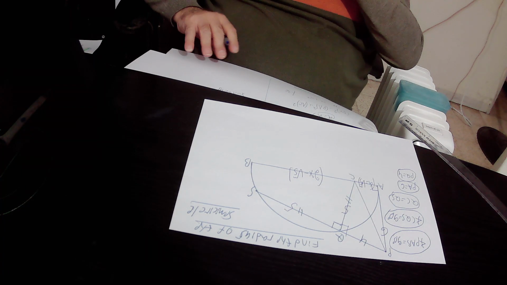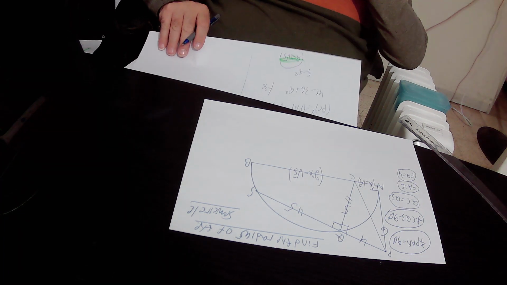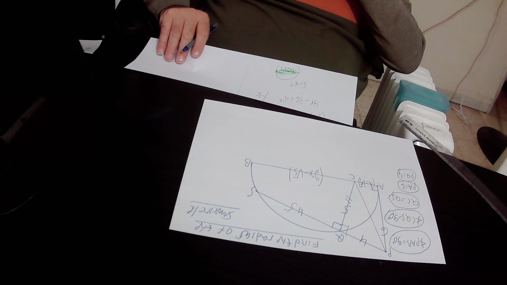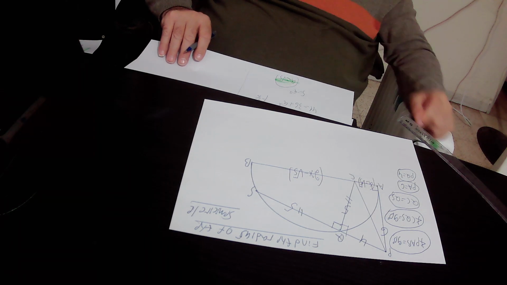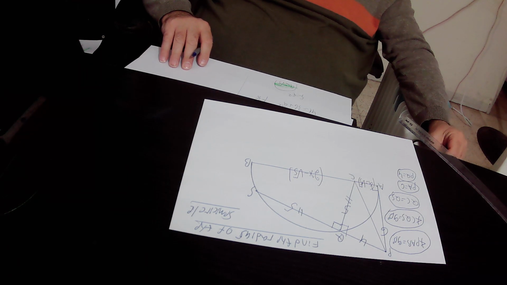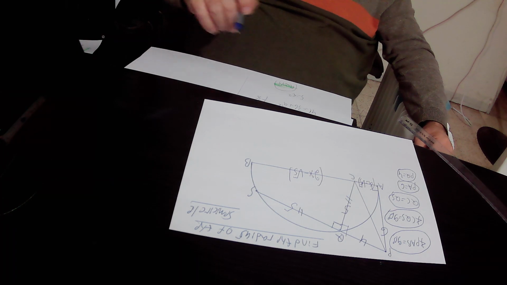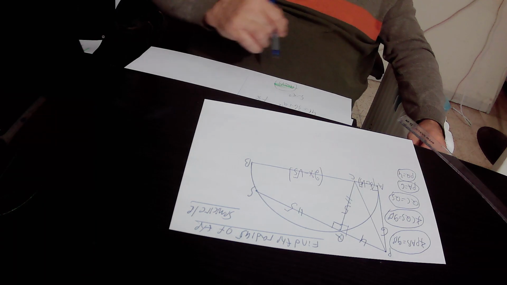In the next step, we will complete the semicircle to a circle.